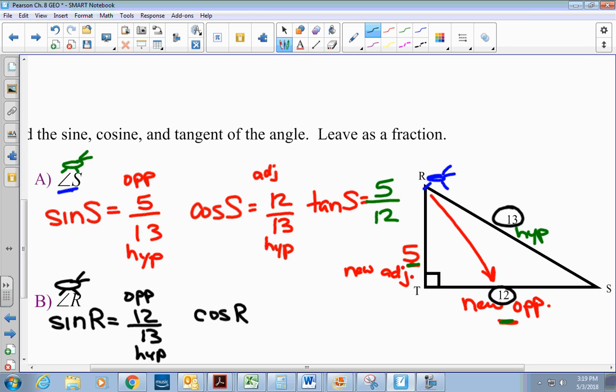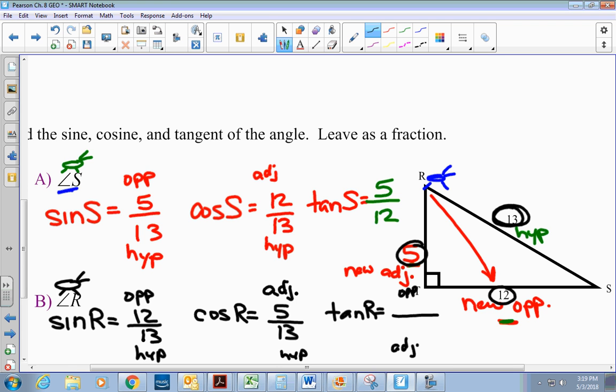Cosine of R is the new adjacent over the hypotenuse. New adjacent is 5. Hypotenuse is 13. And the tangent of R is opposite over adjacent. The new opposite was 12, and the adjacent is 5.